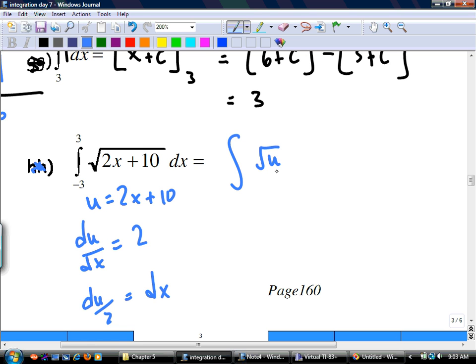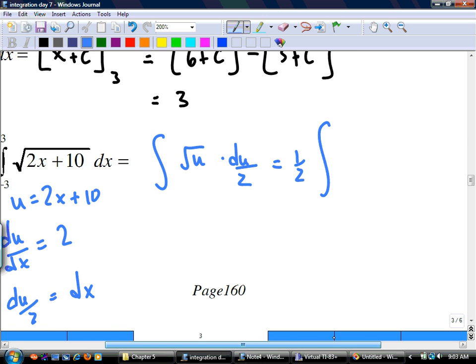Good. What next? Okay, now what? Let's write it the way we can take the antiderivative. u to the 3 over 2 times 2 over 3, good, plus c, times that by a half.